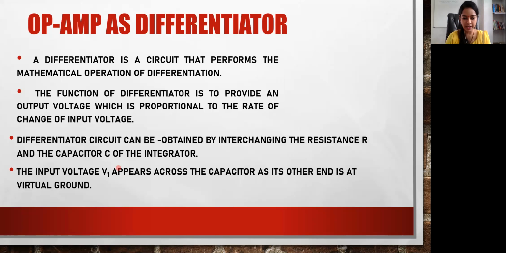If you see the circuit, we have interchanged the values of R and C. The resistor was here at the input end. We have removed that and placed the resistor in the feedback, and at the input we are giving the capacitor. So now the input is coming and the capacitor is connected in series with that input. What we get at the output is what we are going to see in this lecture.